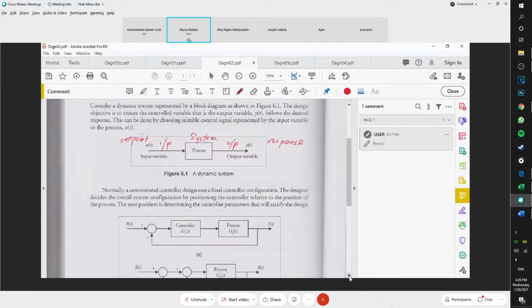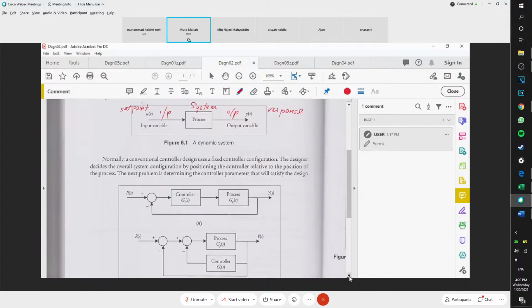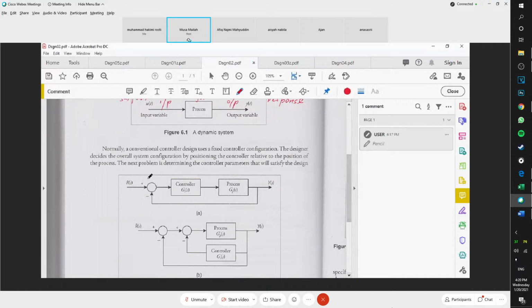Now we take a look at a number of configurations that we can find in the literature with respect to controller structure or controller configuration. I must say the first one, A, is the most common type that we can find in the real world as well as in literature. I should say the first one is the most popular type.